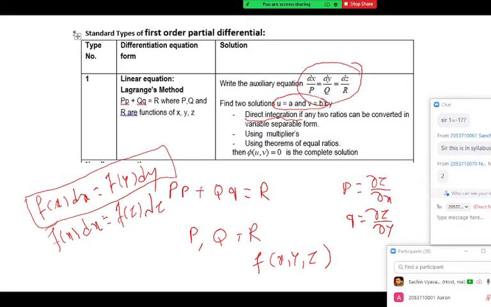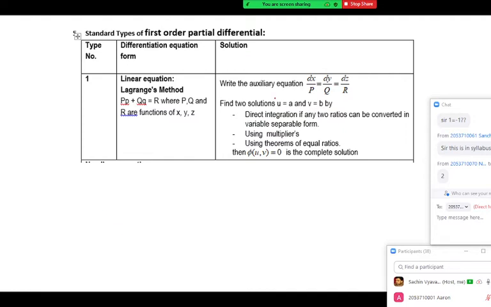Our aim is to get the two solutions. The first way is direct integration, as I just told you, but for that we require variable separable form. Second is again one of the most important things: we have multipliers. Now this is a tricky thing, and here we require that trick that you just learned. We are going to use multipliers. Multipliers are some number or variable, anything. Suppose my multipliers are x, y, and z.